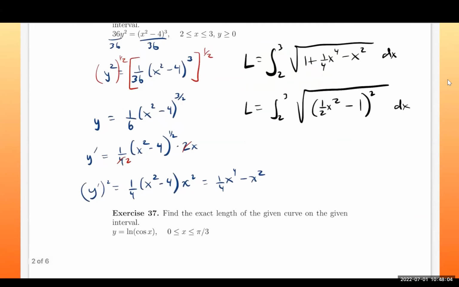That's what it's going to become with respect to x after you factor this trinomial. Because we're dealing with positive values, you can cancel the square and the square root. And that's going to be the integral from 2 to 3 of 1/2 x squared minus 1.